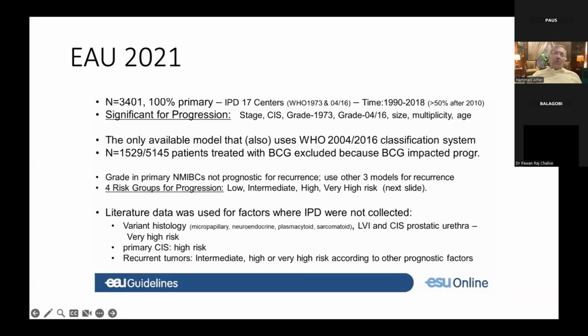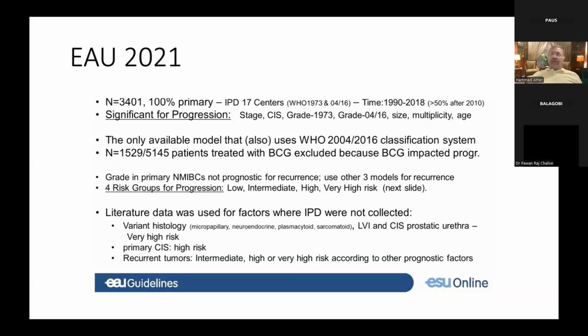Now, we know that over the years, variant histology has had a significant impact on progression potential, and this was not incorporated in any of the previous risk assessment tools. Patients with micropapillary, neuroendocrine, plasmacytoid, and sarcomatoid differentiation, lymphovascular invasion, and presence of carcinoma in situ in the prostatic urethra are all very high-risk patients.